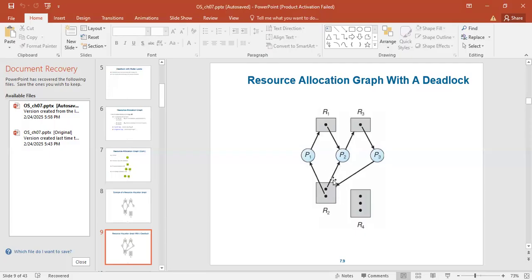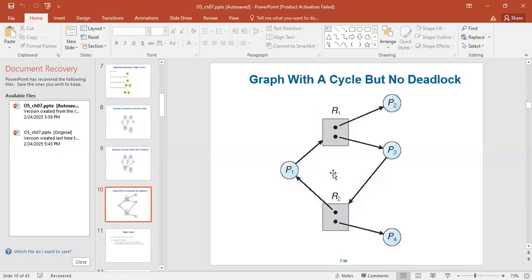Deadlock means no process can complete its execution, as they are mutually waiting for resources held by another process. Graph with a cycle but no deadlock: here also a cycle exists in the resource allocation graph, but there is no deadlock. P1 is requesting R1, which is assigned to P2, and R1 also has two instances, one assigned to P2 and another to P3.